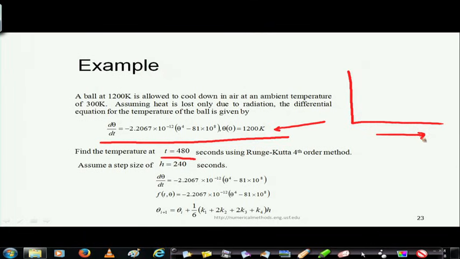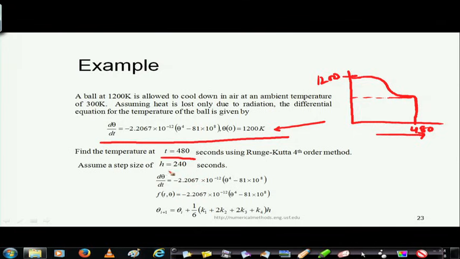So, suppose it was at a particular temperature after 480 seconds. Here is time, it was at 1200 and I have got some radiation formula using which it is coming down. So, I want to find out what the temperature would be at 480 seconds from the starting point where it was 1200 Kelvin. That is the y I want to find out given the slope of this differential equation.